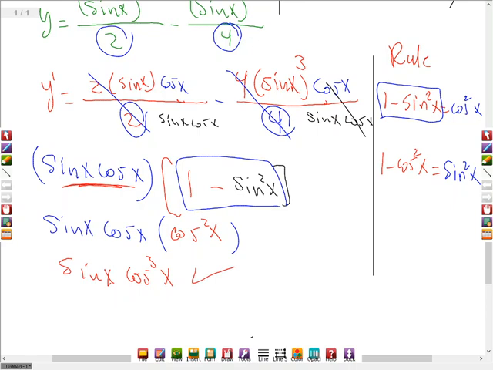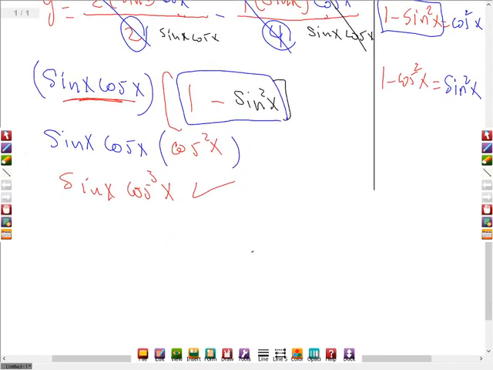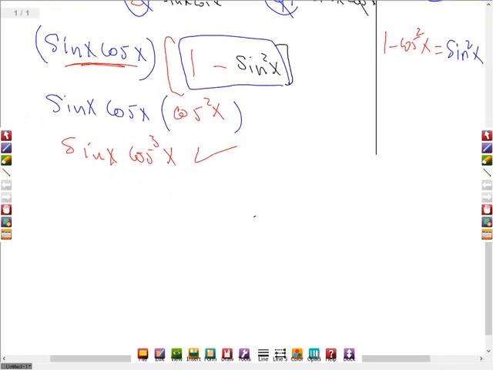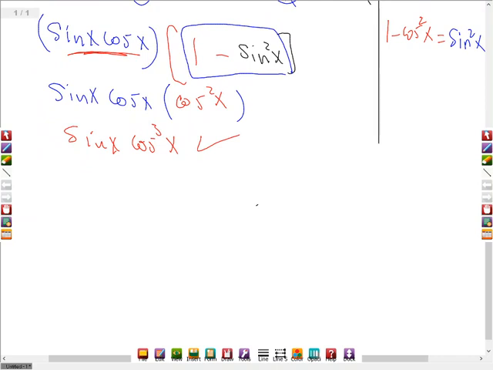The last function I have is 1 minus cosine. I need you to play smart with the last function. Look at y equals the last function, 1 minus cosine to the fourth x, all over 4.